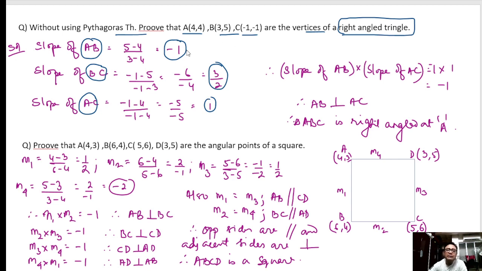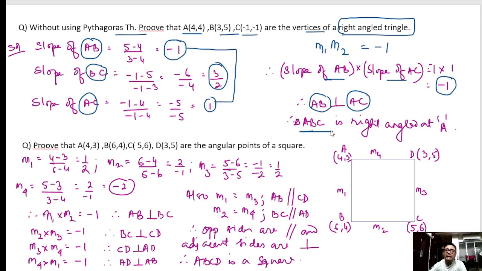Now we can see that the product of the slope between these 2 is giving us -1, and whenever the product of 2 slopes comes -1, that means the 2 lines are perpendicular. So I can tell AB is perpendicular to AC. That means there is a right angle at A. So it is proved that it is a right angled triangle. Clear?